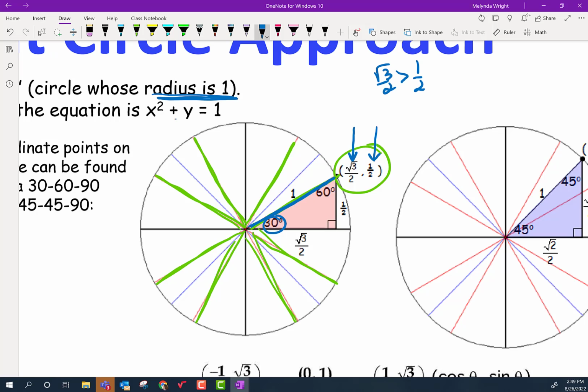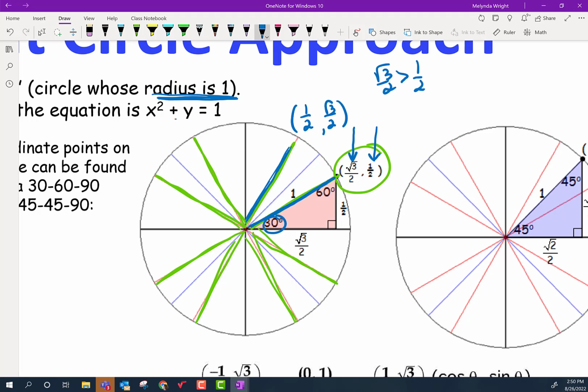Okay, so let's look up here at this 30, 60, 90. All right, this one is taller. The y value should be the bigger number because it's taller. So I'm going to put root 3 over 2 here for the y value because it's taller. It doesn't go as long along the x-axis, so that's why that number is smaller.